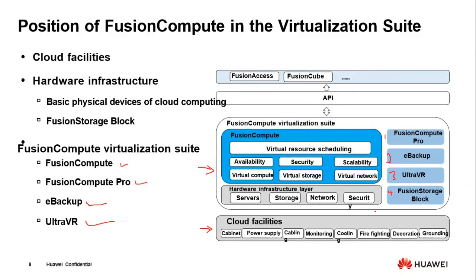Now, in terms of what exactly this Fusion Compute can provide, it provides availability, security, scalability, virtual computation, virtual storage, and virtual networks. Okay, so basically these are the important things that we have in this virtualization technology.